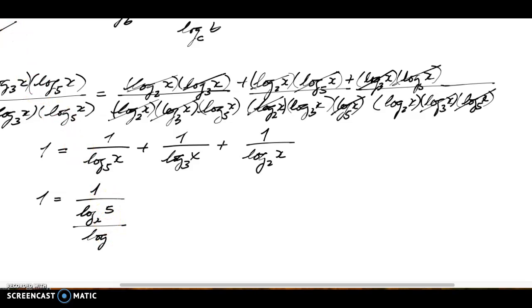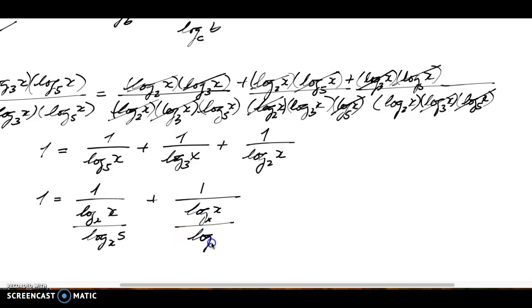Sorry, this would be log base x, and this would be of 5, plus 1 over log base x. So I'm just making it base x. You're going to see why I do that.